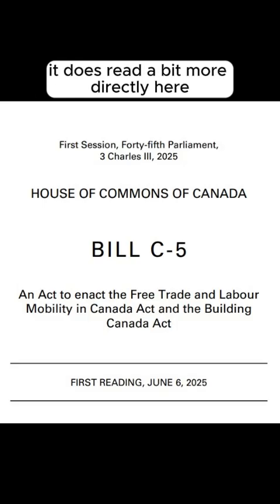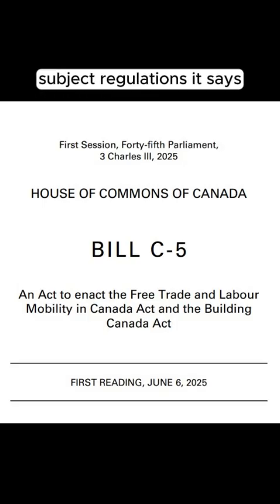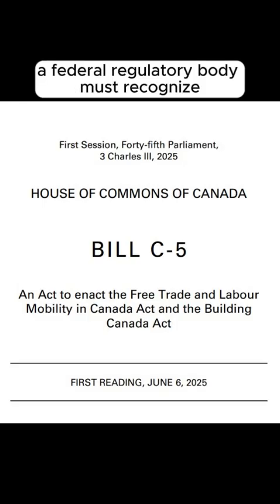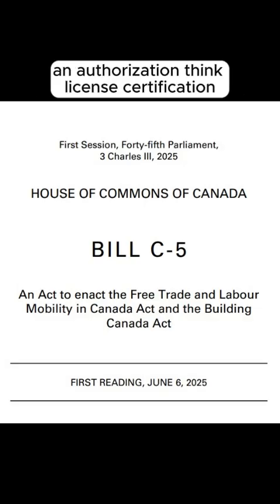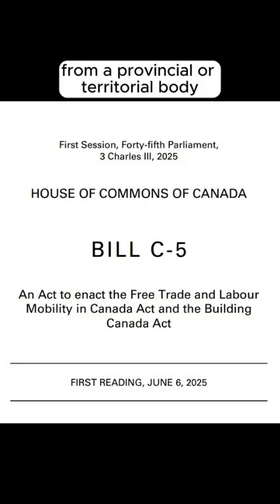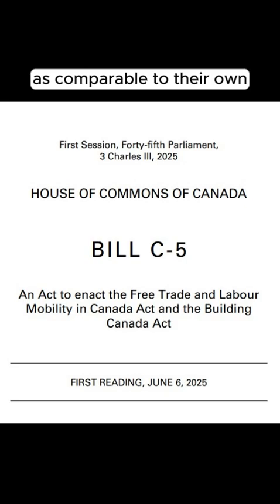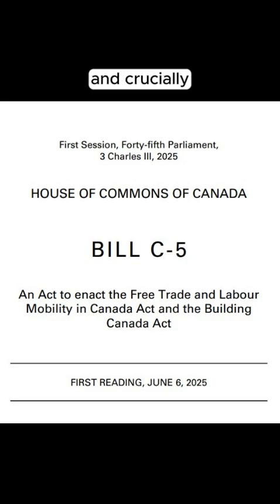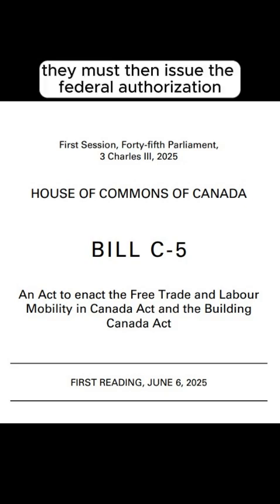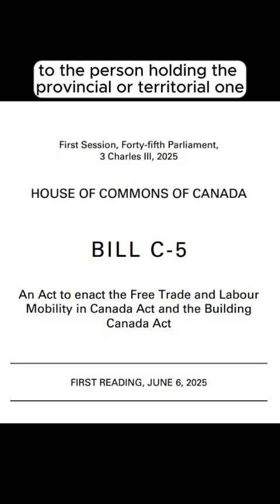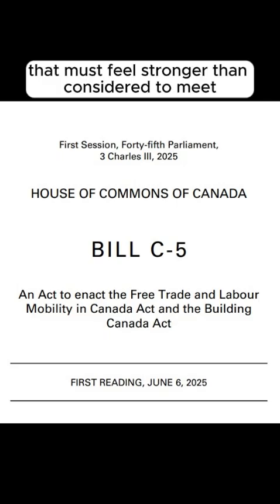It does read a bit more directly. Here, subject to regulations, it says a federal regulatory body must recognize an authorization, think license, certification, from a provincial or territorial body as comparable to their own. Must recognize. Yes. And crucially, they must then issue the federal authorization to the person holding the provincial or territorial one, if they apply. That must feel stronger than considered to meet.